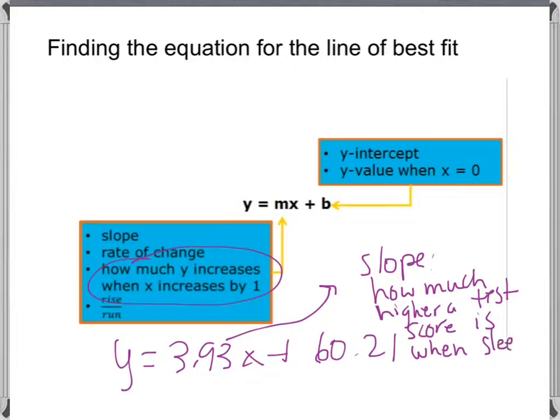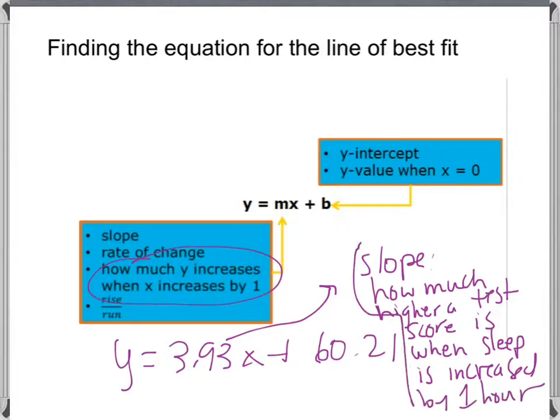And so when sleep is increased by an hour. Okay, so that's the interpretation of slope. And I'm going to ask you to do this, so please write this down.